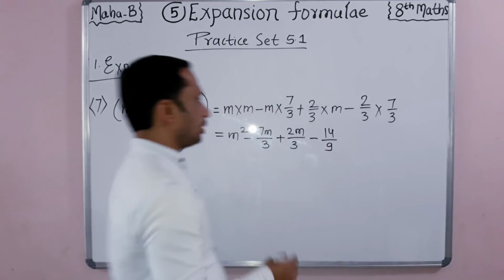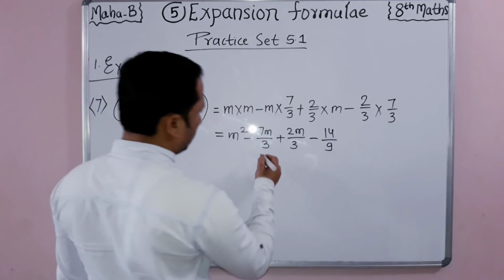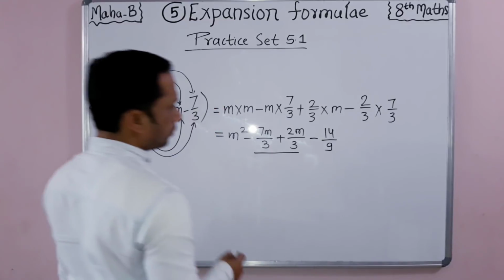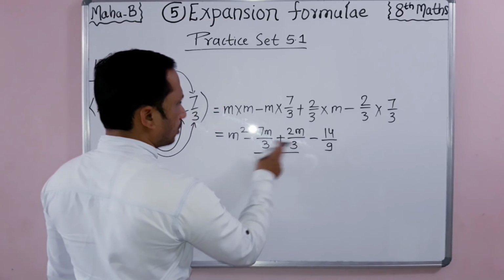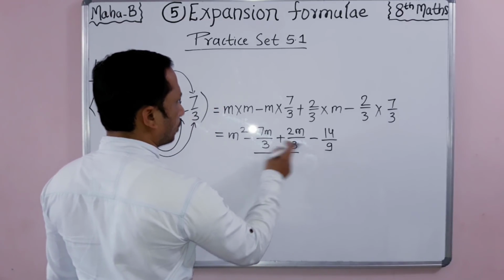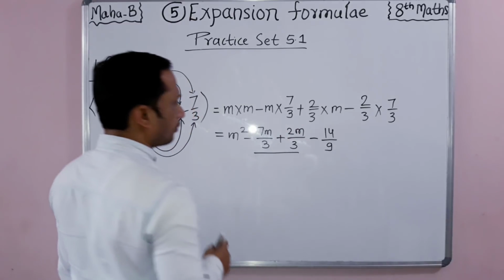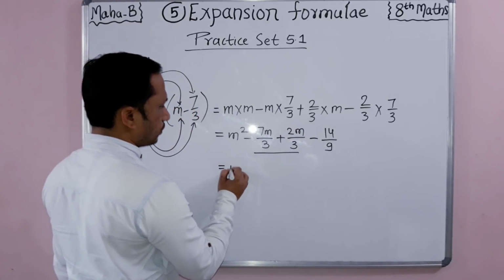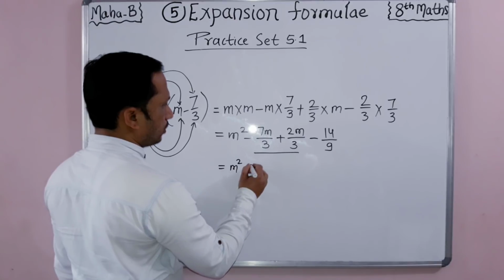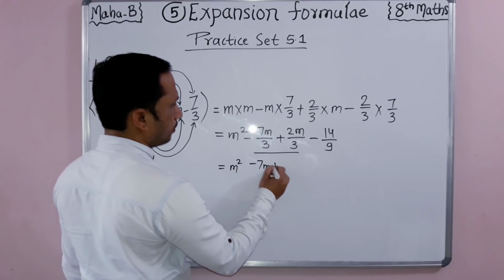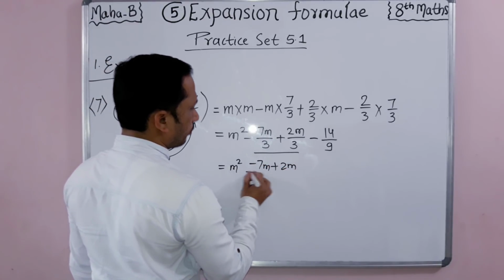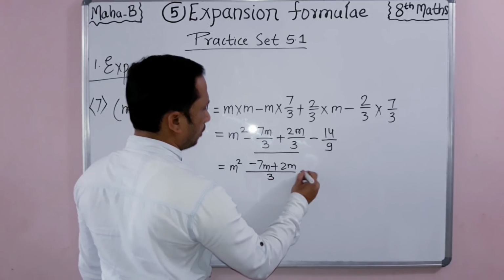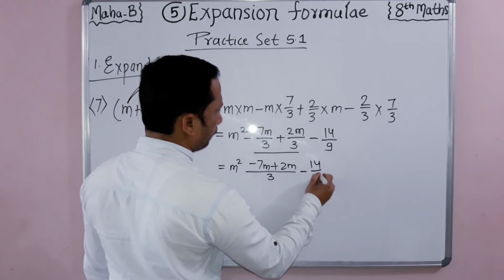Okay students, in this way, now see, these two have the common denominator, so do the addition of the above figures. Therefore m square minus 7m plus 2m divided by 3 minus 14 upon 9.